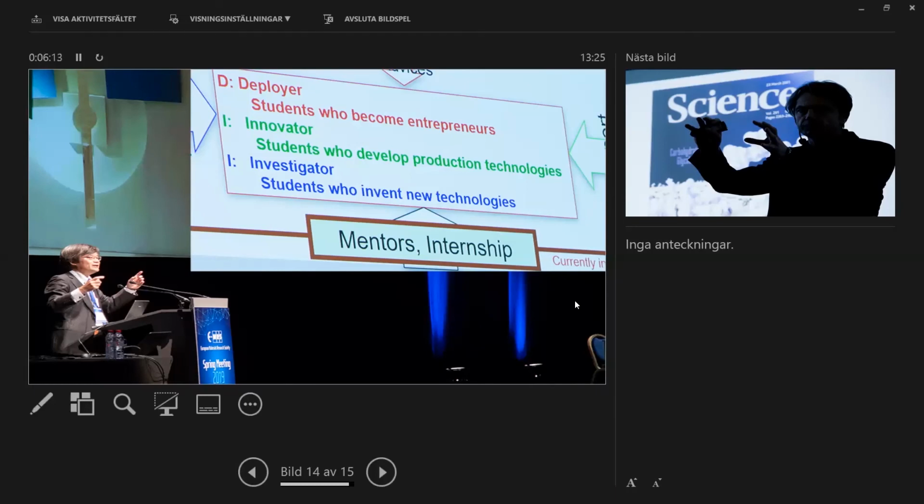He said, oh, it's not possible, of course. But then they started to have actual programs to encourage students to become entrepreneurs when they want it, and also how to develop production technologies. It's not only the research findings. They have programs for these things with mentors and internships. I think this is a good example of how something can be put into a bigger perspective.